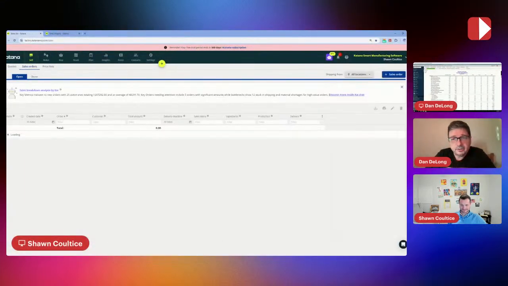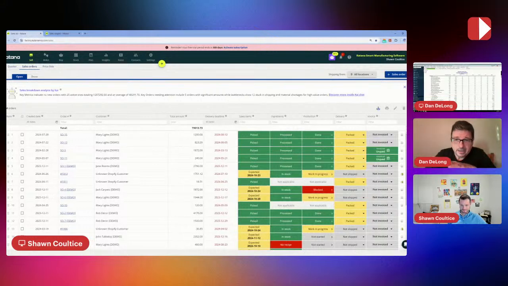In Katana, these things are all weighted average as far as the cost calculation, but you have this traceability aspect that can use specific costs for various manufacturing runs and itemized sales.